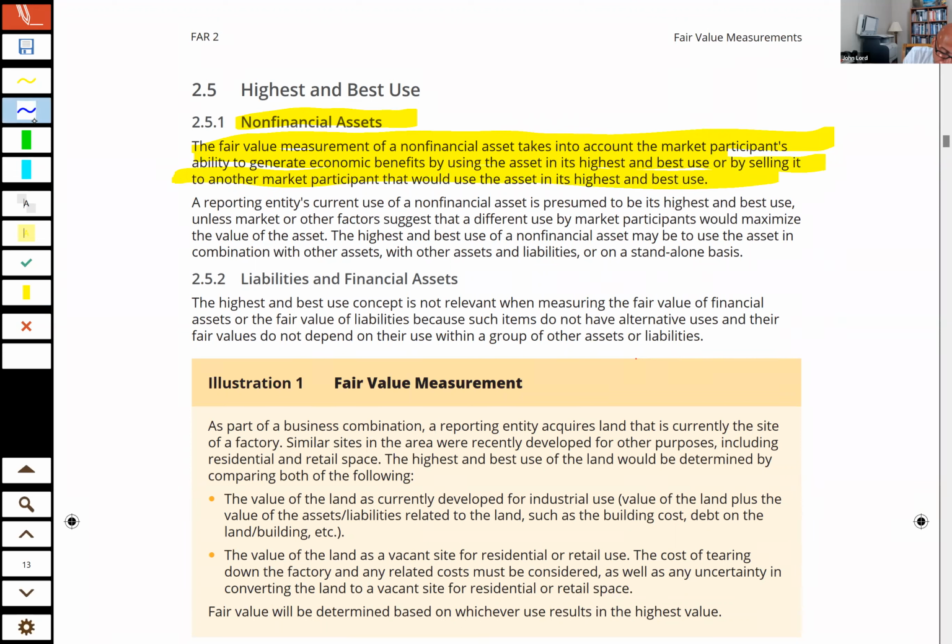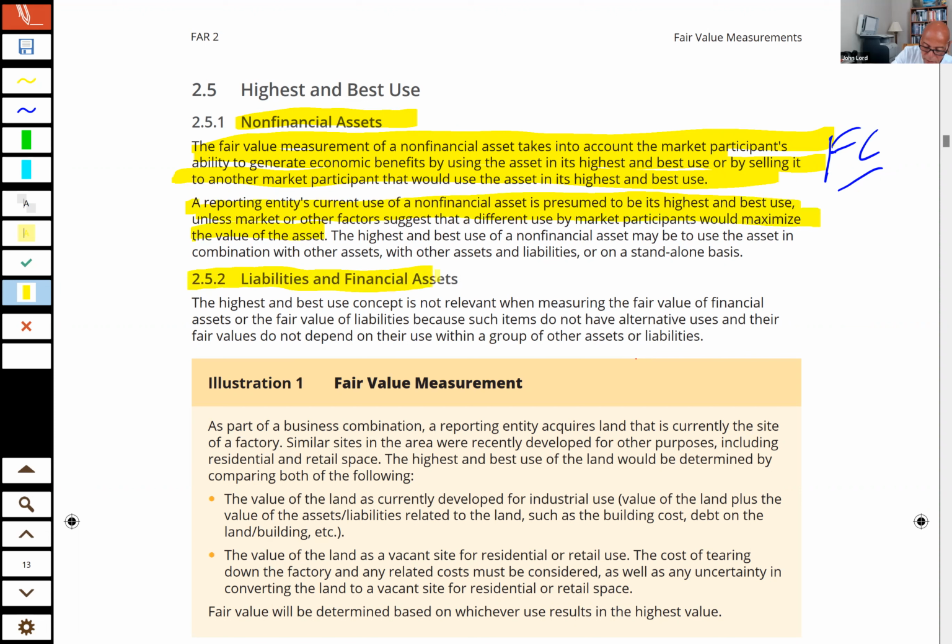So you're looking to the highest and best use, or what would I get if I were to sell the asset, to determine its fair value. A reporting entity's current use of a non-financial asset is presumed to be the highest and best use for them to be able to maximize the value of the asset.